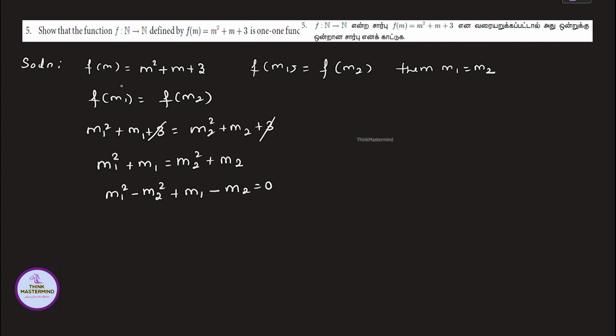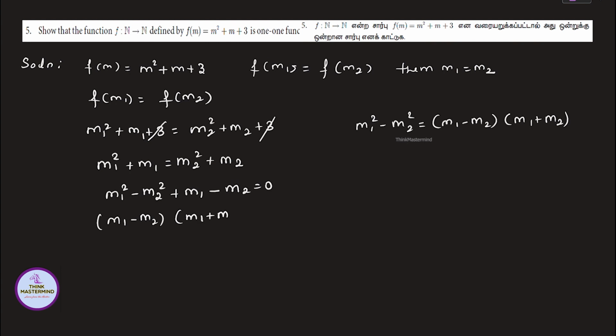So m1 squared minus m2 square is m1 minus m2 into m1 plus m2, plus m1 minus m2 equals 0. Taking m1 minus m2 common, therefore m1 minus m2 into m1 plus m2 plus 1 is equal to 0.